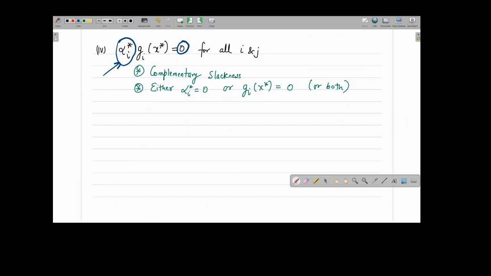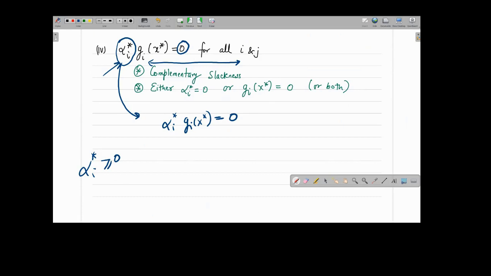So it is basically a complementary slackness condition. We call it the complementary slackness condition. What it tries to tell you is that you have alpha_i star g_i(x star) equal to 0. You want the product of these two to be equal to 0, and you know that alpha_i star is always greater than or equal to 0, right?